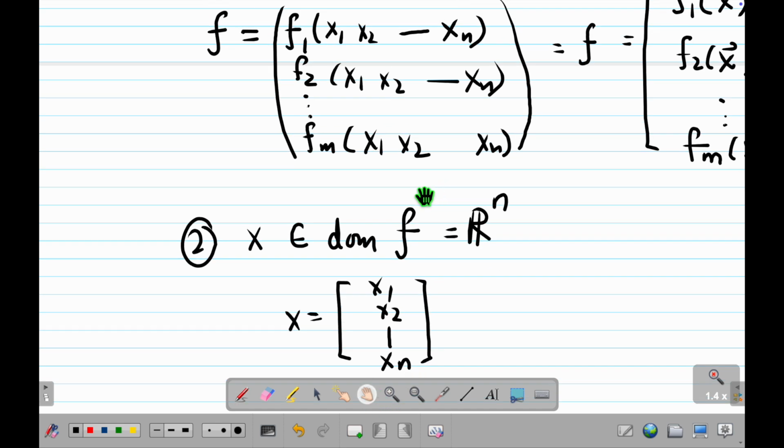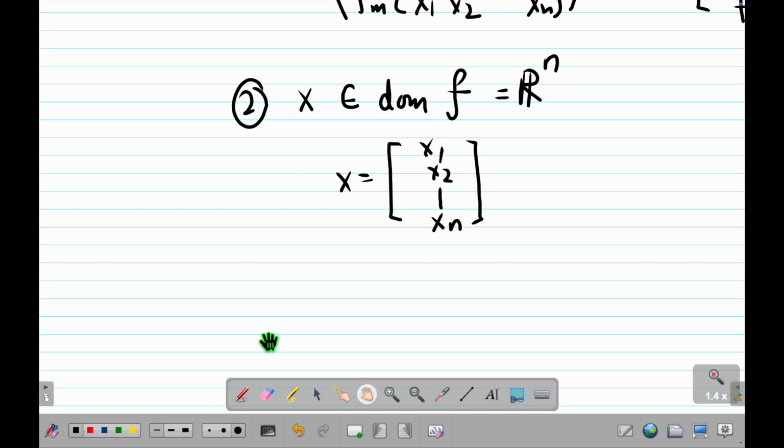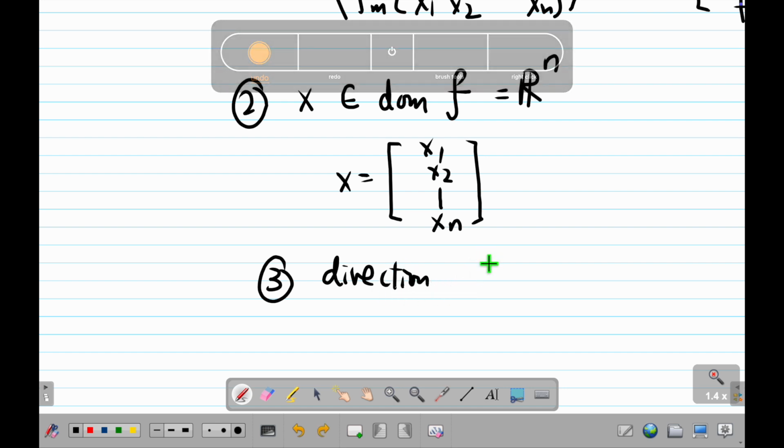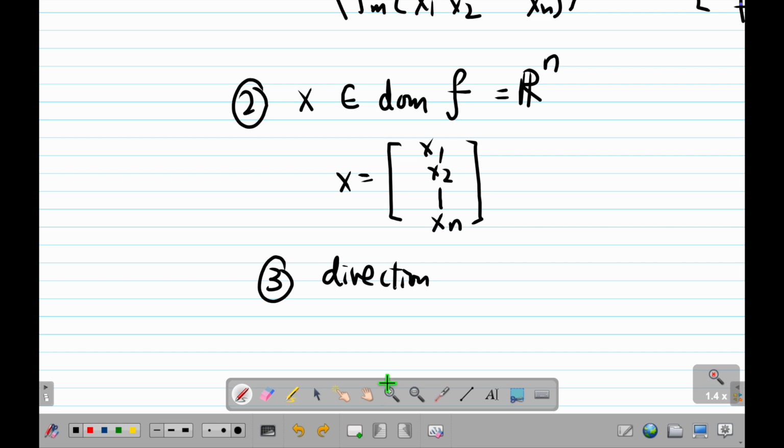Then we also have number three, a direction. In some books, they write D, but because we are going to write so many D, I better not write D, I write v. What's v? v is also a vector, v1, v2, and so on up to vn, also in Rn. So that means we are given x and v in Rn.